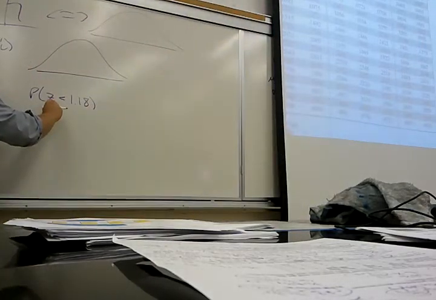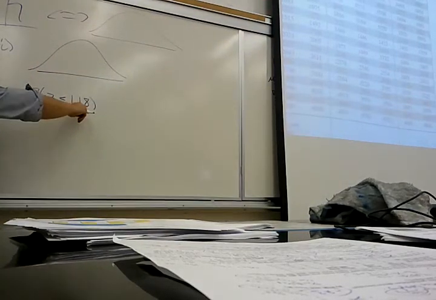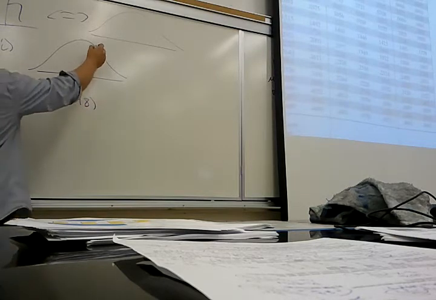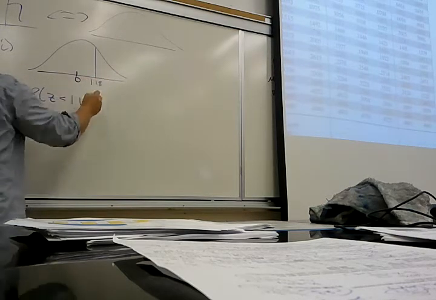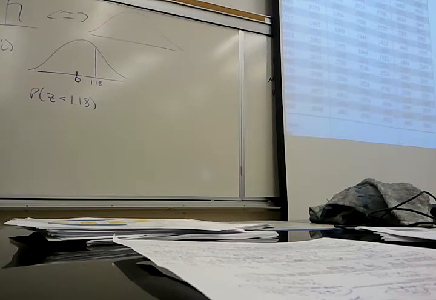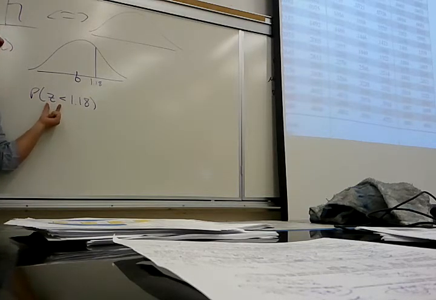If I want this, probably Z is less than 1.18. So if you missed class last time, remarkably quickly, this chart is empirical rule on steroids. Empirical rule I can only do within 1, within 2, within 3. And it's always, the mean is always 0, and the standard deviation is always 1, when they're Z-scores.